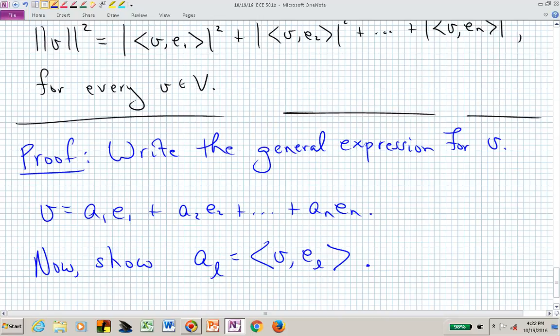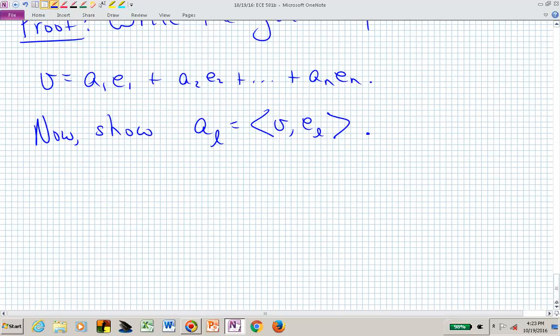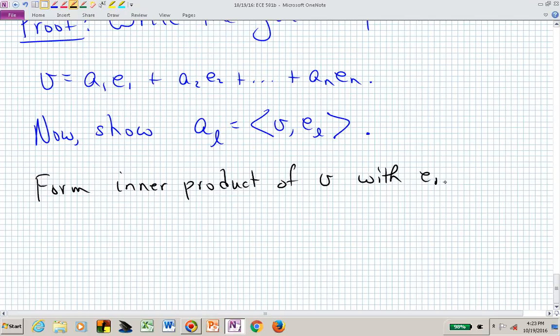What we're trying to show is that these scalars are in fact equal to the inner product, where the a sub l scalar is the inner product of v with e sub l. So let's form the inner product of the vector v with e1.